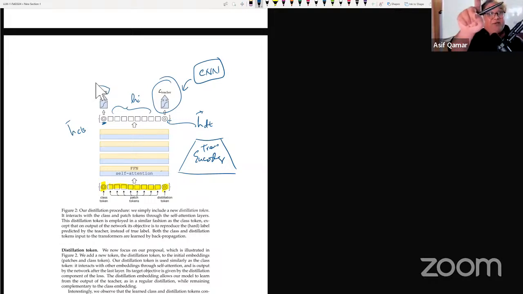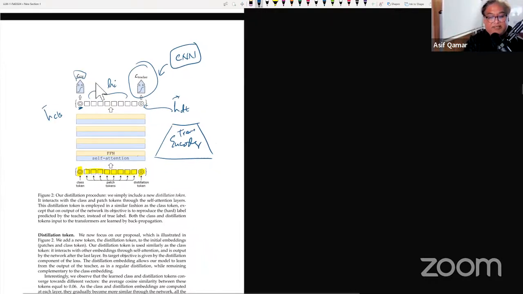Now this will produce a hidden state vector from this transformer encoder, isn't it? But with the teacher being the CNN, you compared it against the hidden state coming from the teacher, right? And what was it predicting? So you try to make this transformer predict the same thing that the CNN was predicting.